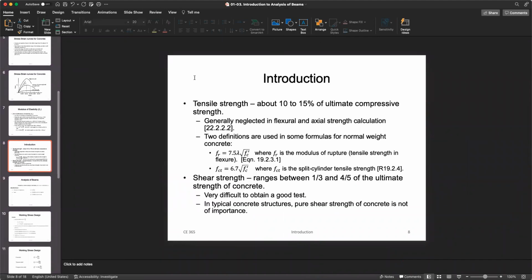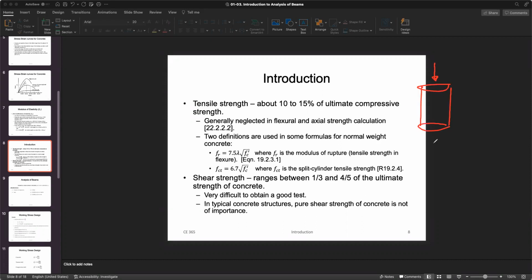All right, so tensile strength. It is about 10 to 15% of compressive strength. All right, so what does it mean? Technically, if it is your cylinder, if you push it with f'c, you're going to break it, right?